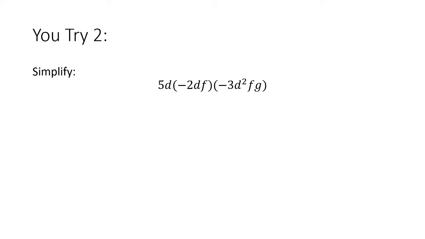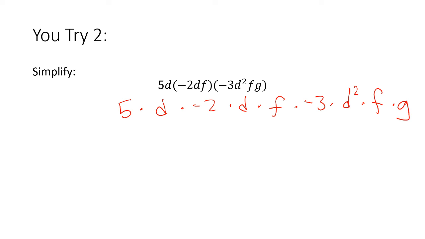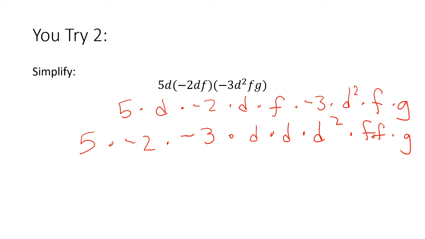Now that you've tried it on your own, let's do it together. So I have 5 times d times negative 2 times d times f times negative 3 times d squared times f times g. Let's group some things together. 5 times negative 2 times negative 3 times d times d times d squared times f times g.